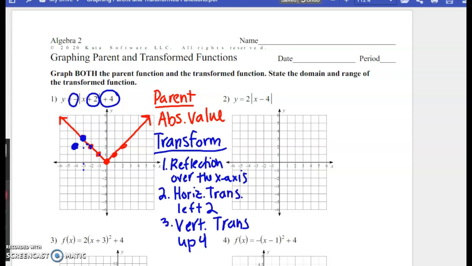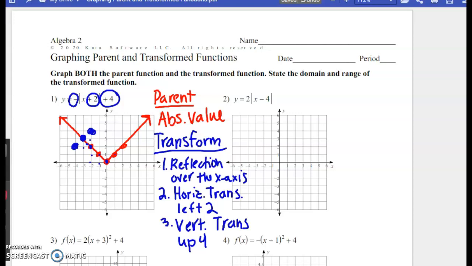Let me go to the next point. It's the point at 0. I can't really reflect it if it's on the x-axis, so now I just shift it. Left 2, 1, 2. Up 4, 1, 2, 3, 4. There it is. I'm going to keep doing that.